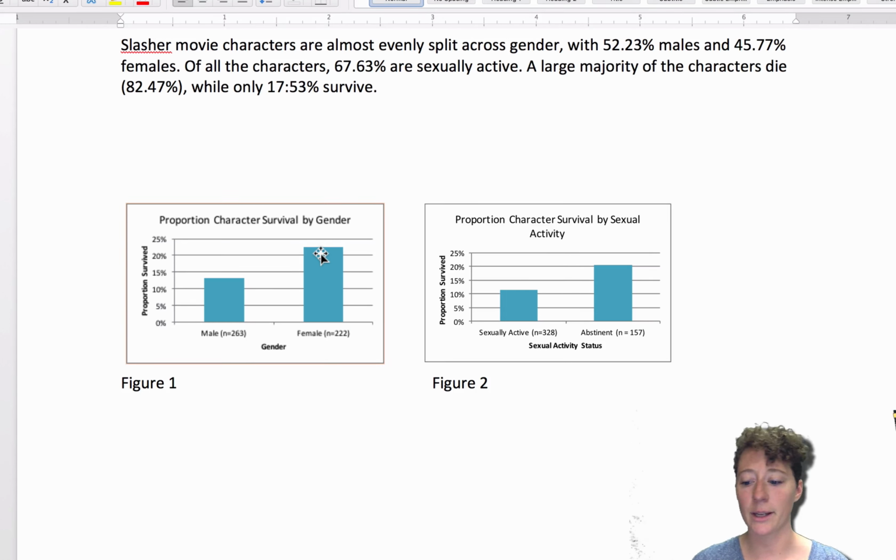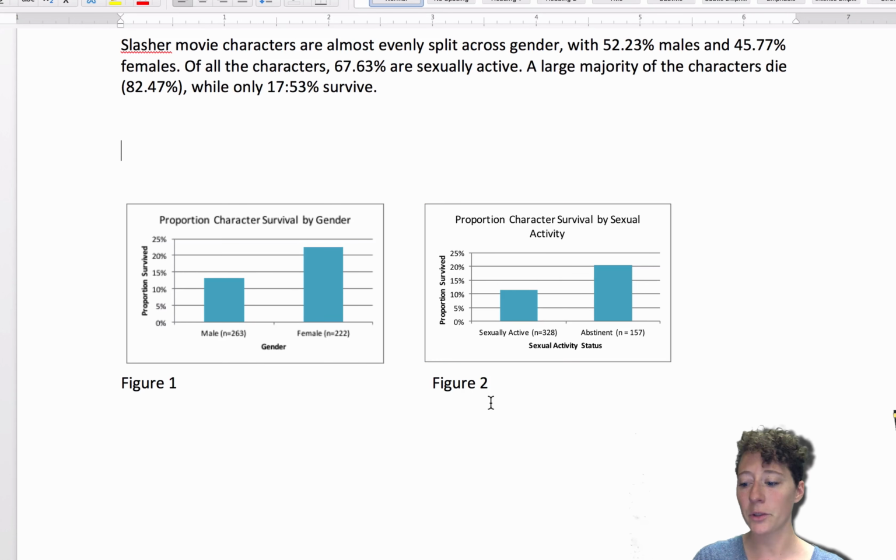Let's interpret these graphs. First of all, we can look at how gender predicts survival. We can reference that in figure 1. We can see that females survive almost a quarter of the time, while only 14% of males survive. Sexual activity also seems to predict survival.